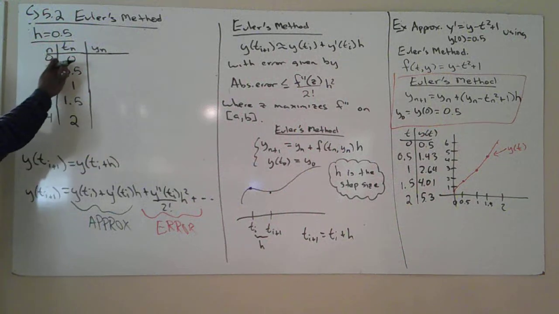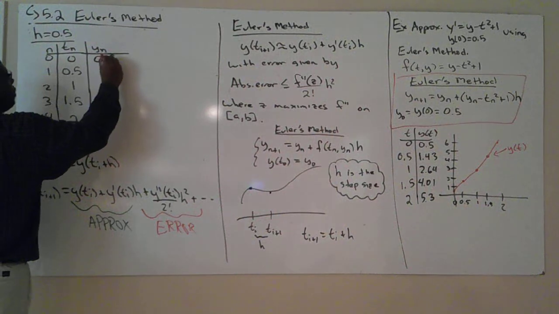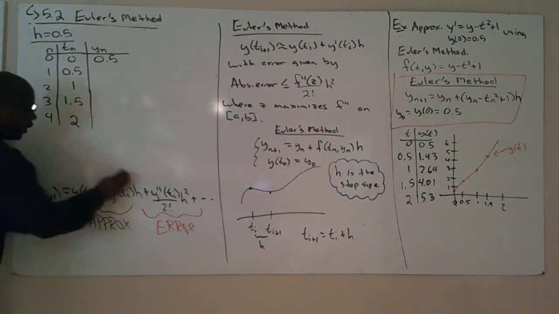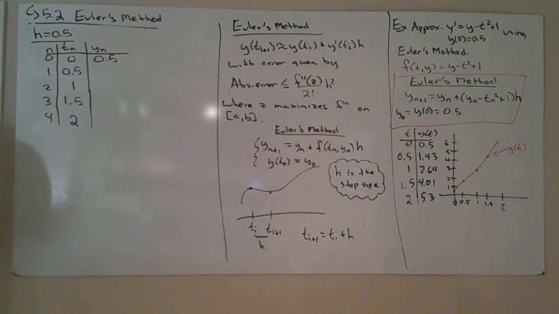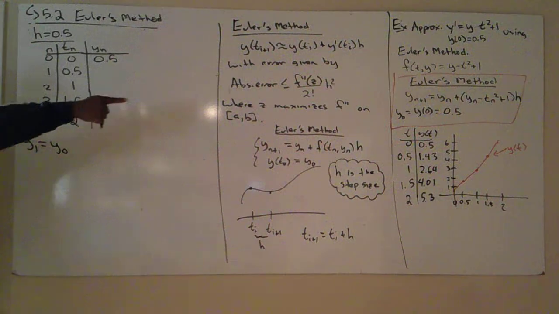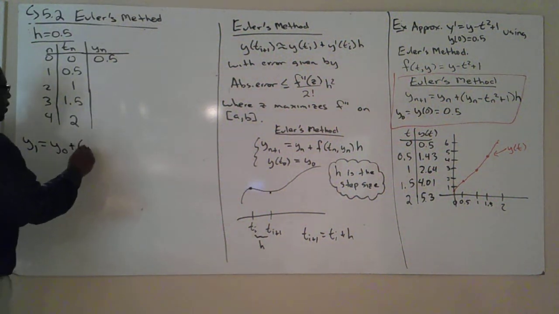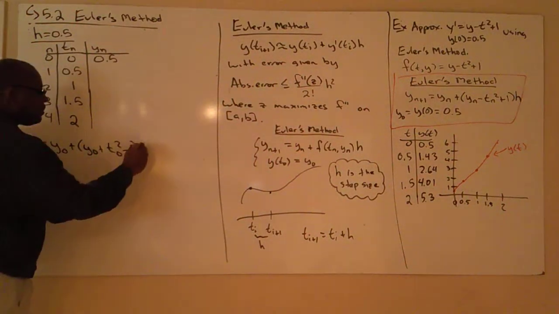So my y sub 0 is going to be 0.5. We already know that to be the case from what we started with. Let's find y sub 1 and y sub 2, and then we'll just fill out the rest. Y sub 1 is equal to y sub 0, going by Euler's method, plus, here we have y sub 0 plus t sub 0 squared minus 1 times h, which is 0.5.